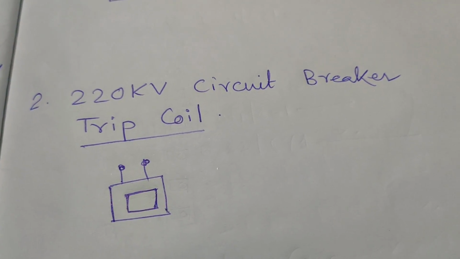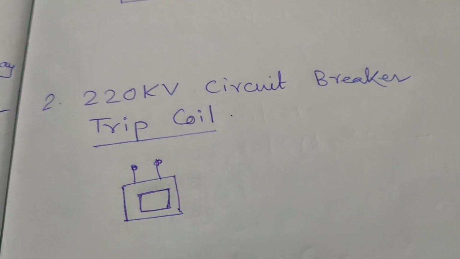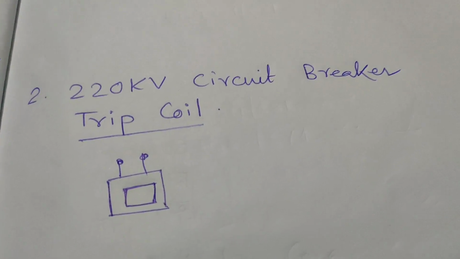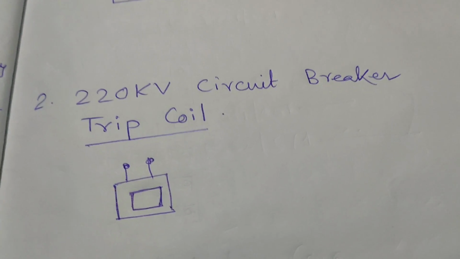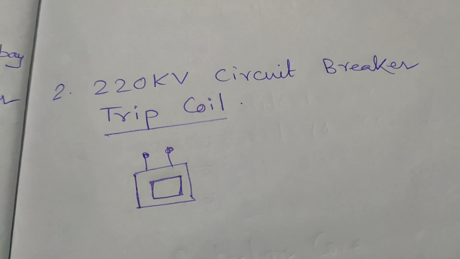But after one or two hours the trip coil 1 and 2 unhealthy annunciations came, and we examined that actually the 295 is the trip coil 2.